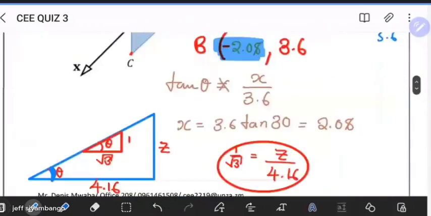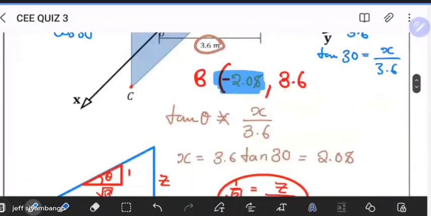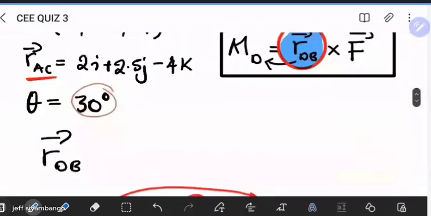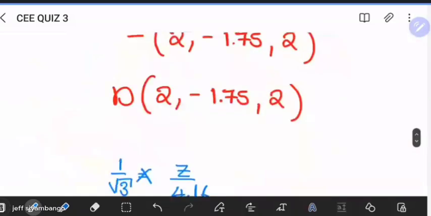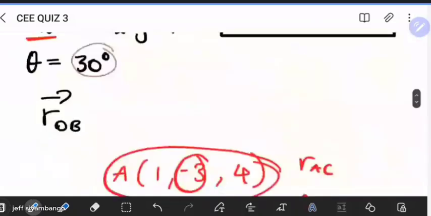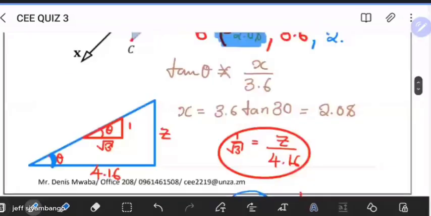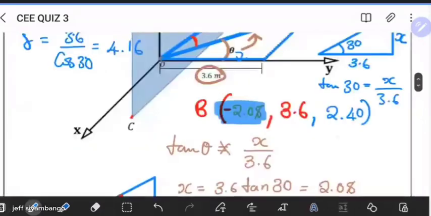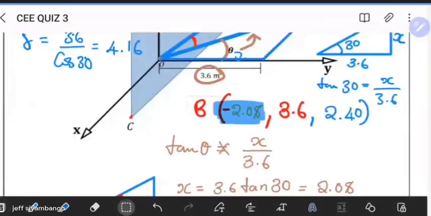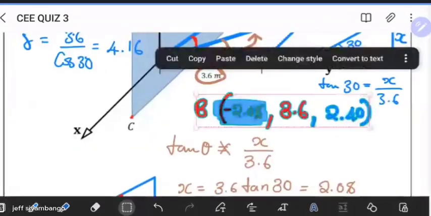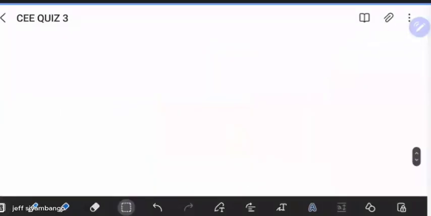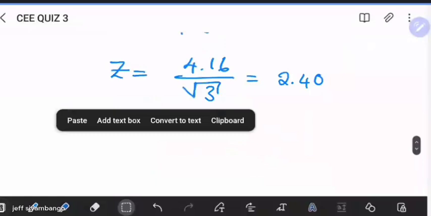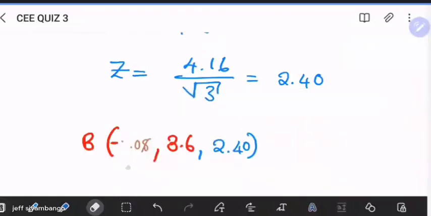We had the X coordinate, the Y coordinate, and then 2.40 as the Z coordinate. So we now have everything we need for B.